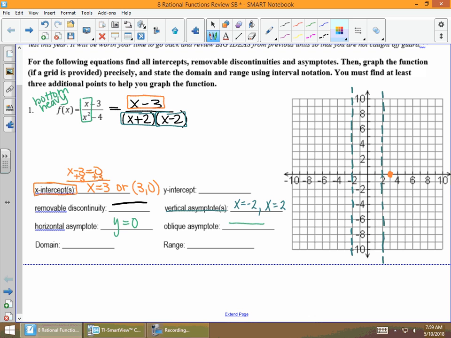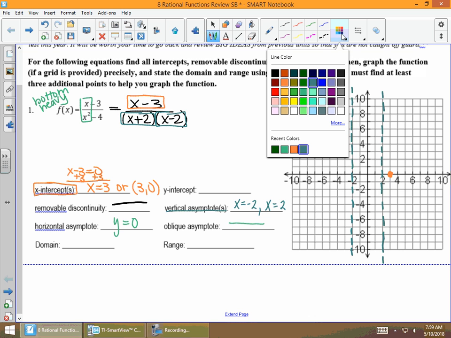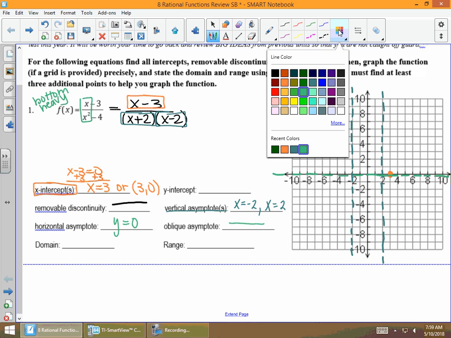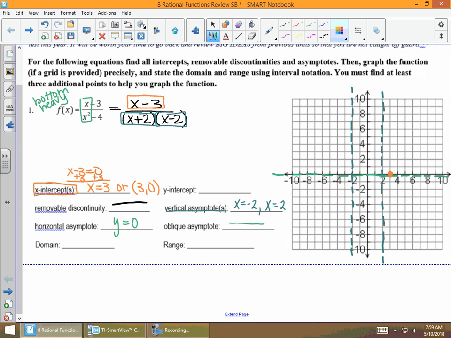I have my horizontal asymptote at y equals 0. Now, this is a weird one in that we are going to cross the horizontal asymptote here. Clearly, we're crossing the horizontal asymptote because we have an x-intercept. It's legal to cross a horizontal asymptote, never legal to cross a vertical asymptote.